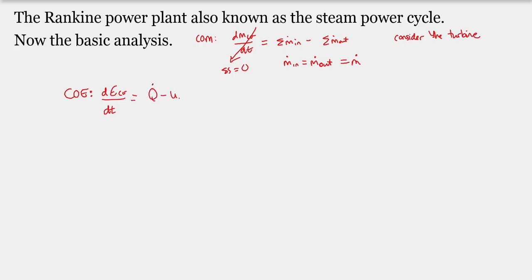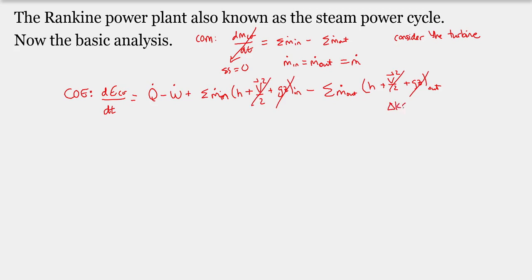We have the energy within the control volume, the transient term, the heat transfer, the net work transfer, plus the energy that's carried by the flow in the form of enthalpy, kinetic energy, and potential energy into the system and out of the system. Again, we've stated we're going to neglect the kinetic and potential energy effects as being small.